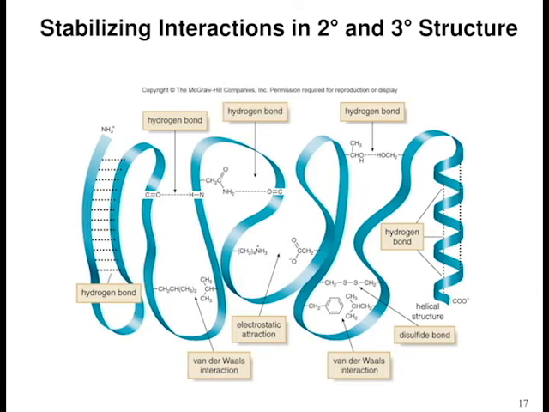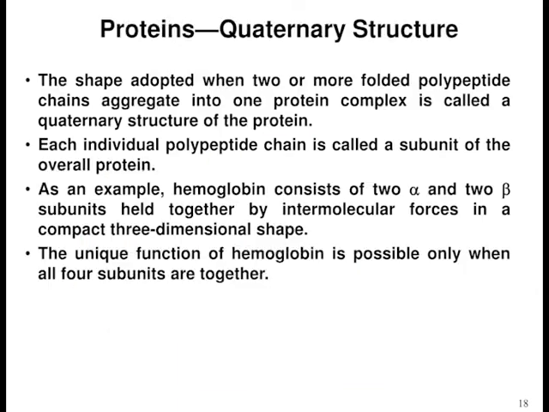But in our red blood cells, we have hemoglobin, which has 4 subunits: 2 alpha chains and 2 beta chains. They interact with each other to form the quaternary structure. That means when 2 or more 3D structures aggregate together, they form the quaternary structure.